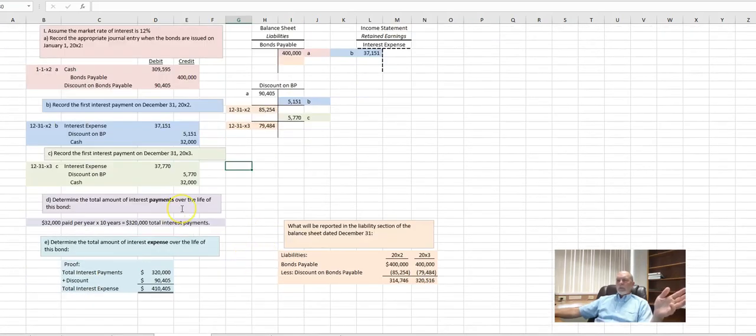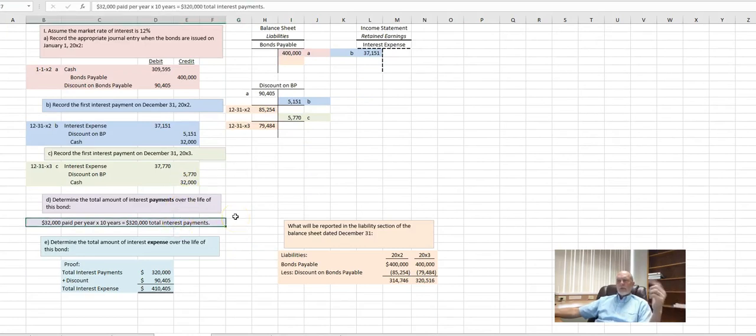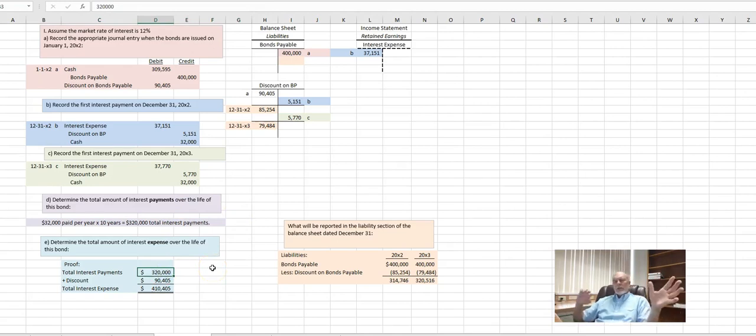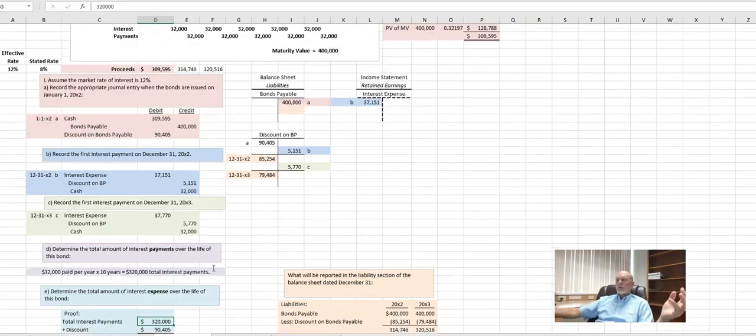What will the total interest payments add up to over the 10-year period? $320,000. What will the total interest expense be? Well, it's going to be that $320,000 plus or minus the discount or premium. In this case, we're going to add the discount because the discount represents additional interest, as we talked about in the first video.